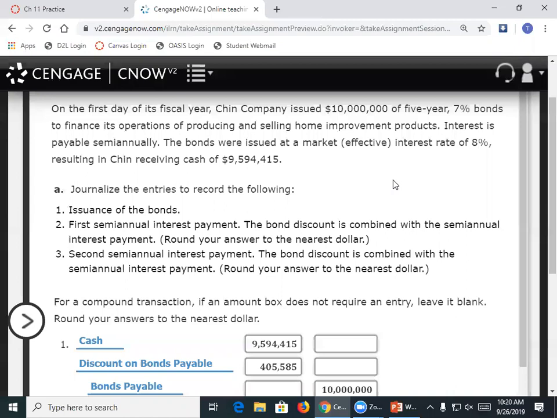You're always going to calculate interest as the face value times the interest rate times time. So it's 10 million times 7% divided by 2, or 3.5%. So we're going to pay them interest of $350,000 every 6 months.